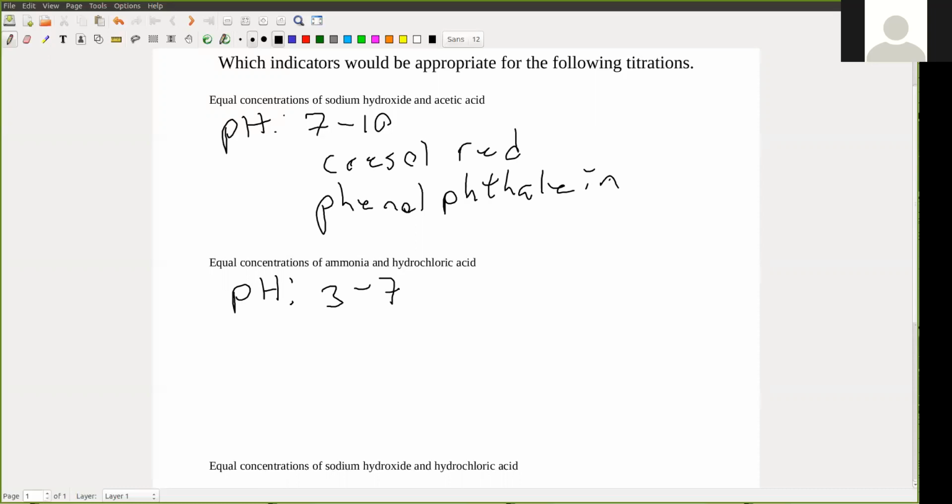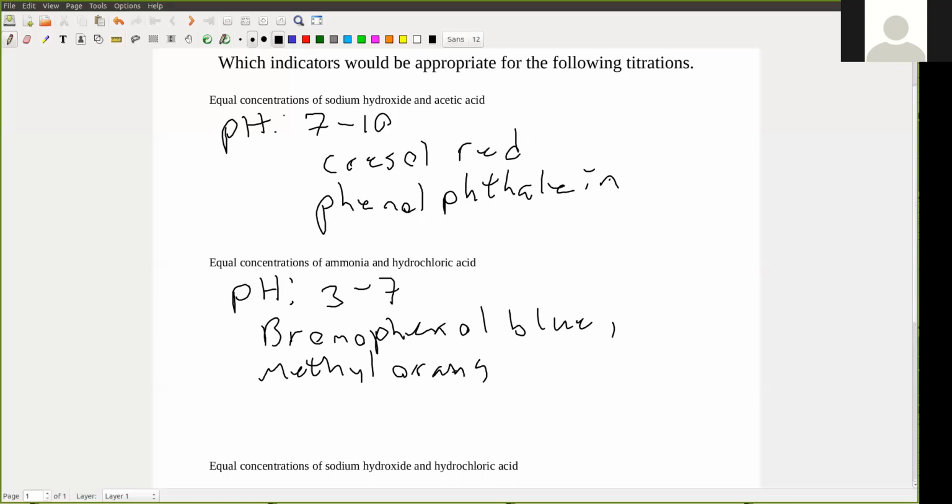If you look at your book, and I'm sure there are many other indicators that you can have, but the ones that are available in your book, you would say that bromophenol blue is a good indicator for that. You would say that methyl orange is a good indicator.